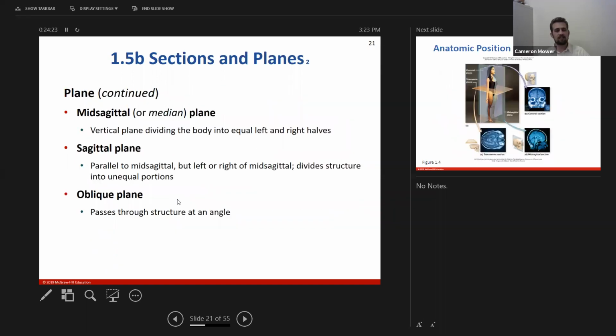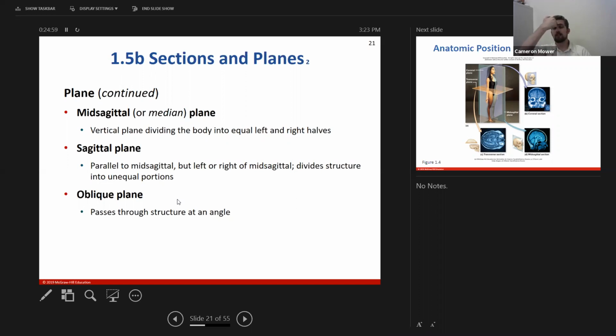Then we get to mid-sagittal or median plane. That's going to be another vertical plane, so going up and down, dividing the body into left and right halves. Let's see, I've got the L, left. So my left is your right, I guess. Doesn't matter. Left and right halves, sliced right down the middle. Any sagittal plane is going to be parallel to mid-sagittal, but you can have a sagittal plane over here, over here, over here.